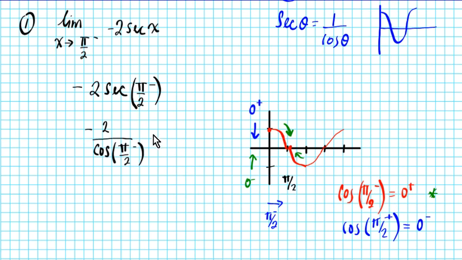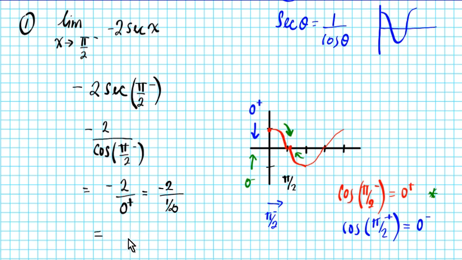So when we carry out the substitution, we're going to have negative 2 divided by 0 from the right, a very small positive number. So we know what 0 from the right is, right? 0 from the right can also be written as 1 over infinity. 1 over infinity is the same thing as an extremely small positive number.